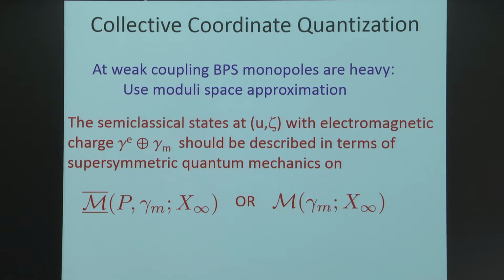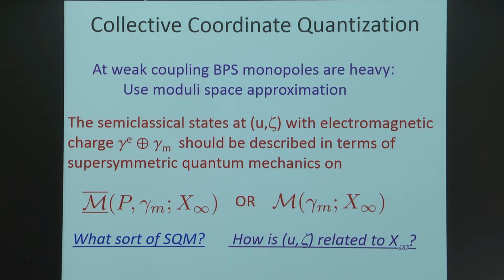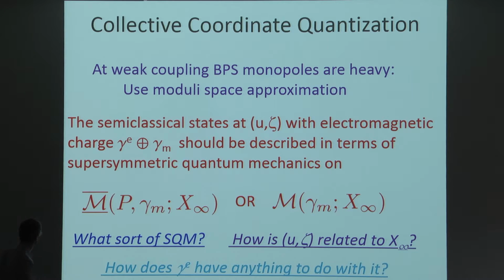But of course, this way of putting it raises at least 3 questions. Question 1, what sort of supersymmetric quantum mechanics? Question 2, how are U and zeta supposed to be related to the Higgs vev? And question 3, what does gamma E have to do with it anyway? So I will now answer those 3 questions.